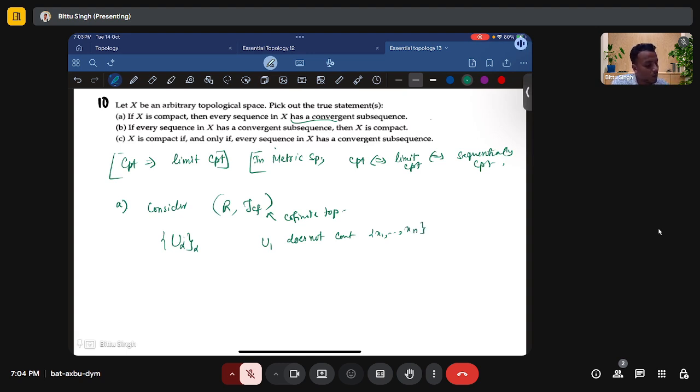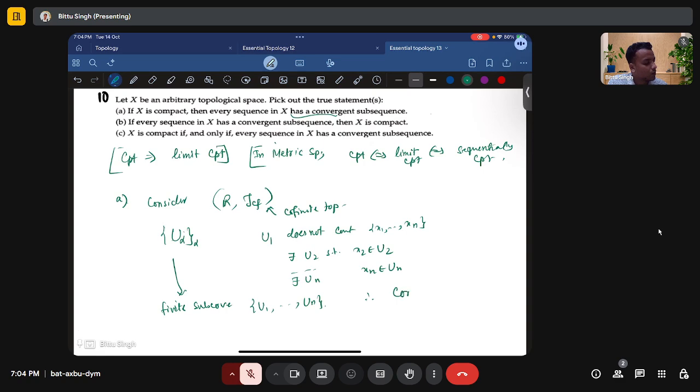Since this is a cover, there exists U2 such that x2 belongs to U2, and similarly there exists Un such that xn belongs to Un. So U alpha has a finite subcover given by U1 up to Un. So R with the cofinite topology is always compact.